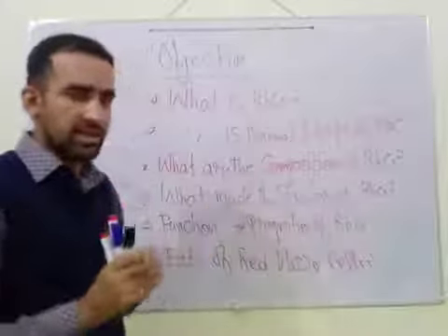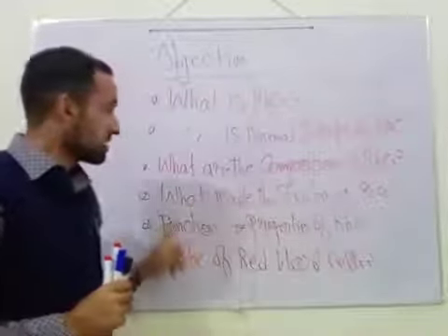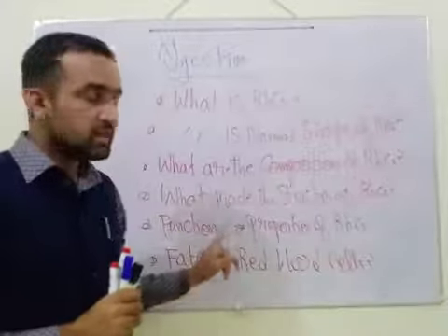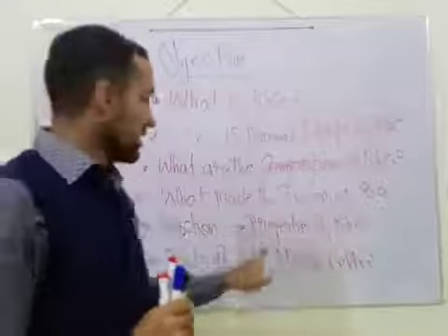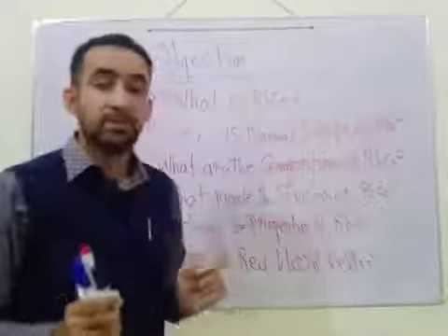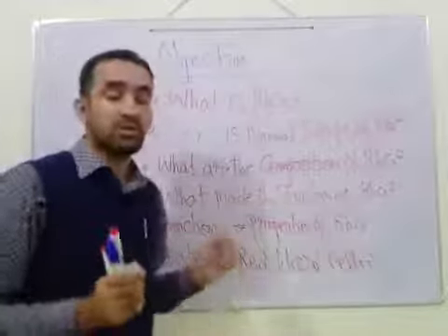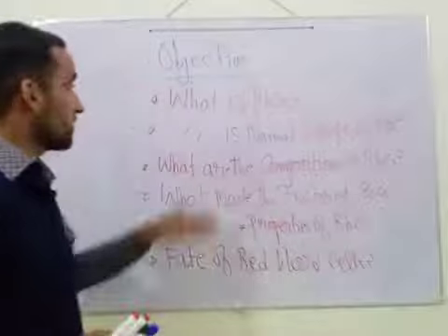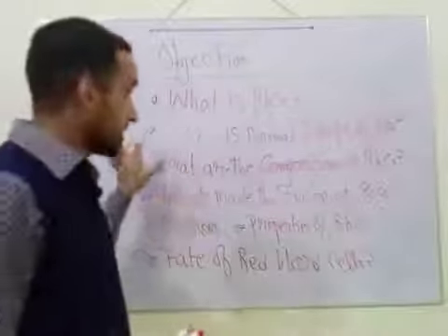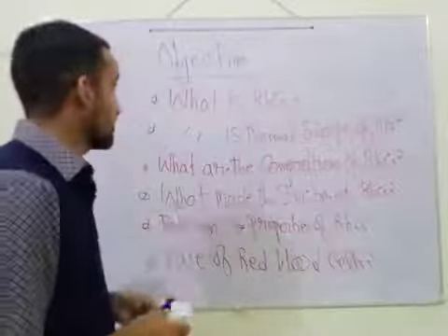We will talk in detail about the structure, the functions performed by red blood cells in the human body, the properties of red blood cells, and in the end the fate of red blood cells, or what happens to them after about 100 to 120 days. So let's start from the first objective. We will cover all these objectives in this session.